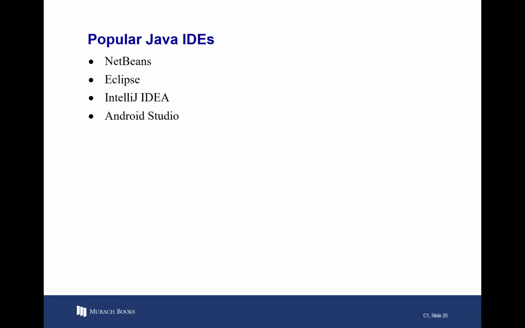There are many popular GUIs, which are also termed as IDE, the integrated development environment, where you can write the codes, and these are NetBeans, Eclipse, IntelliJ IDEA, Android Studio, and we are particularly using Eclipse.